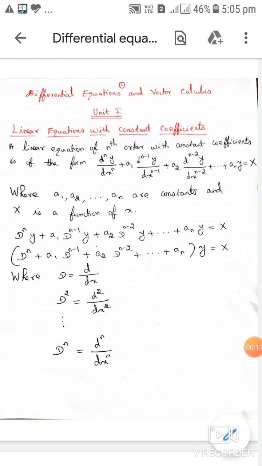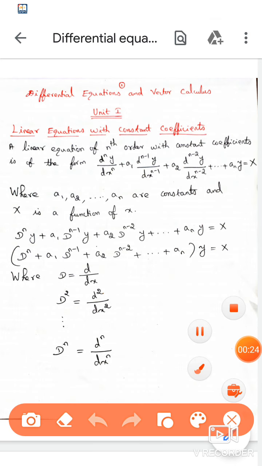A linear equation of nth order with constant coefficients is of the form d^n y/dx^n + a1 d^(n-1) y/dx^(n-1) + a2 d^(n-2) y/dx^(n-2) + etc. + an y = X, where a1, a2, etc. an are constants and X is a function of x.